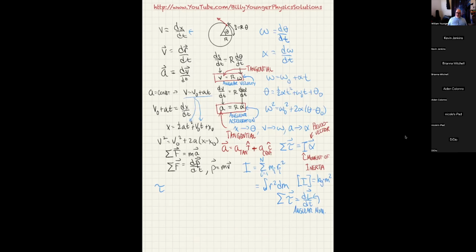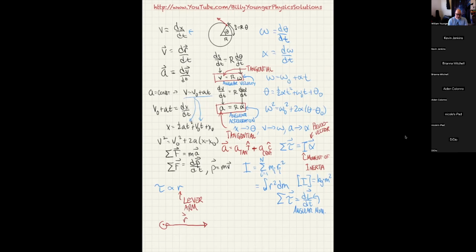But the main point in all that is that you could probably guess the ability to rotate something is directly proportional to how far away from the center of rotation you apply the force. And that R that I use to indicate that can be called the lever arm. We sort of think of it as a vector that points from the center of rotation to the point of application of the force.